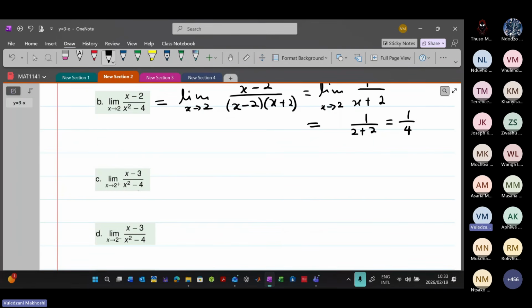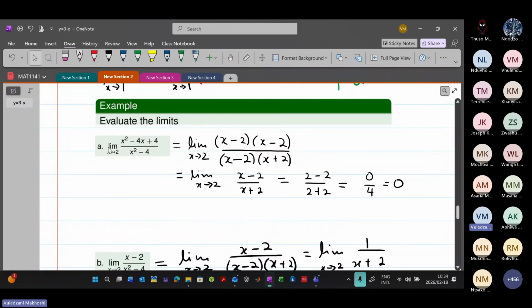What we need to observe in this case, if you compare this number C with, say, number A, is that in number A, when you put 2 where there is x, you get 0 over 0.